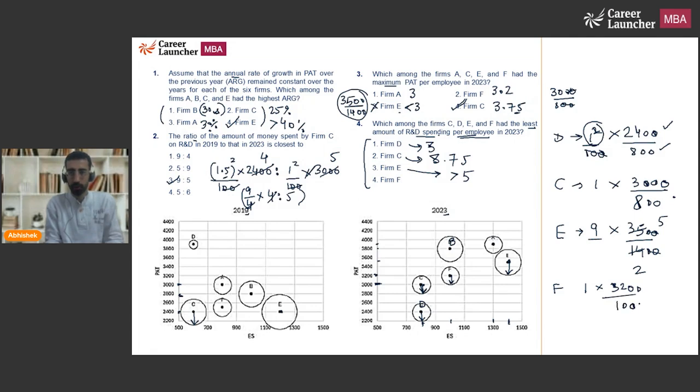I'm unable to write. Never mind. This is 3.2. So clearly this is not your answer either. Your answer is firm D because it's 3. Relatively straightforward question. I hope you got it.